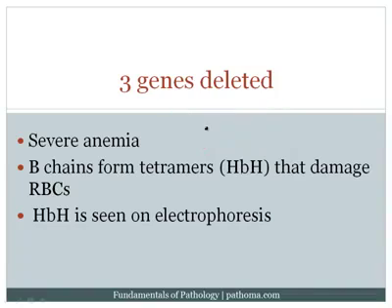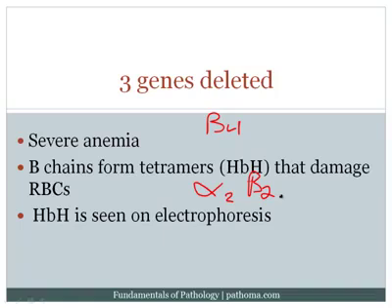When the fetus is born and the patient begins to produce hemoglobin A and hemoglobin A2, that's going to increase the risk of forming tetramers of beta chains. To understand that, you have to know that normally the alpha becomes a dimer, and then the beta becomes a dimer, and so alpha 2 and beta 2 join together, and that forms hemoglobin.